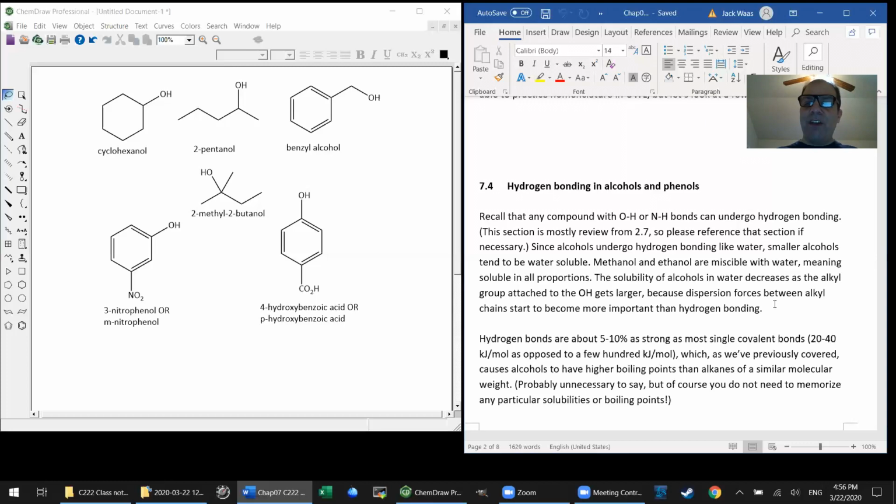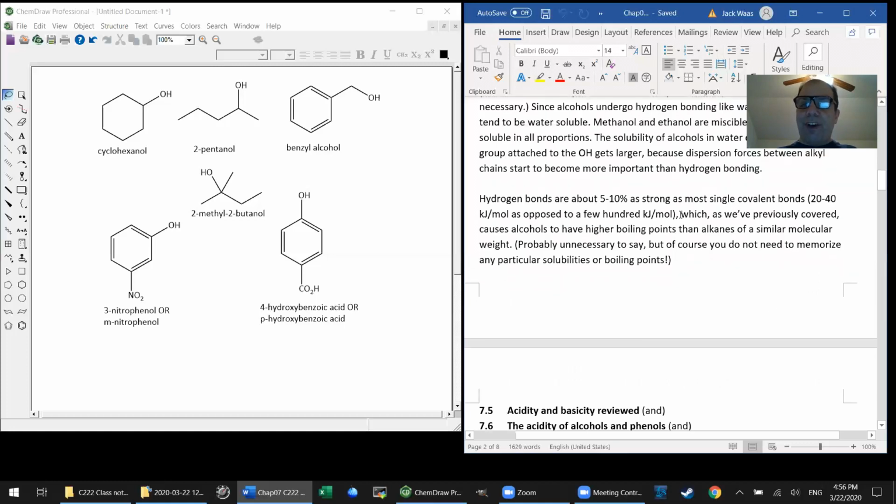I wouldn't say, what is the solubility of one pentanol in water in terms of weight percent? No, would never do that. But I would expect you to know that pentanol is certainly less soluble in water than methanol or ethanol, and probably a pretty good guess it's less soluble than propanol or isopropanol also. At least I think that would be a reasonable guess.